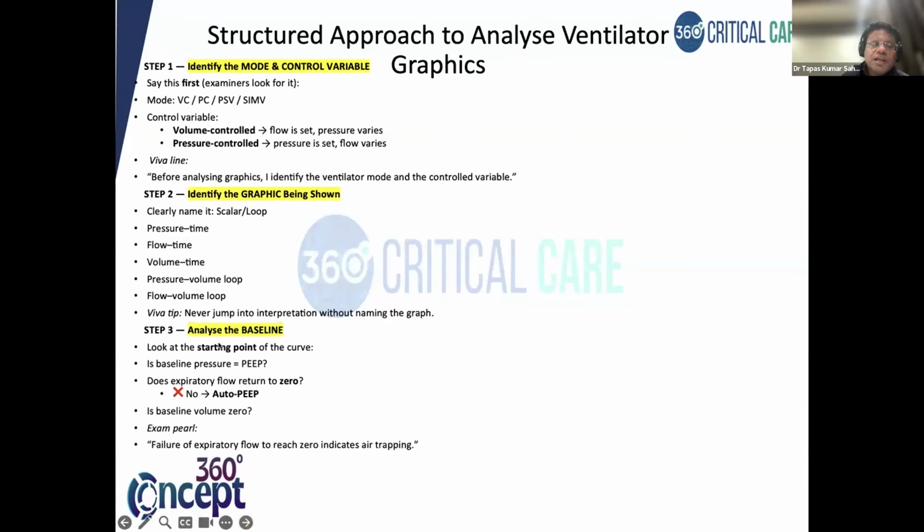Now, step 3 would be analyze the baseline. Look at the starting point of the curve. Is the baseline pressure equal to PEEP? I have already said, if it is starting a little bit above, that means it is starting at the PEEP level. So PEEP you have set at 5. Now, does the expiratory flow return to 0? If no, that means auto PEEP is there.